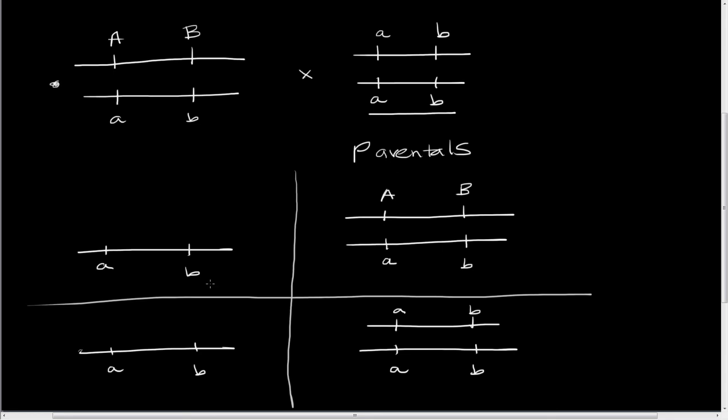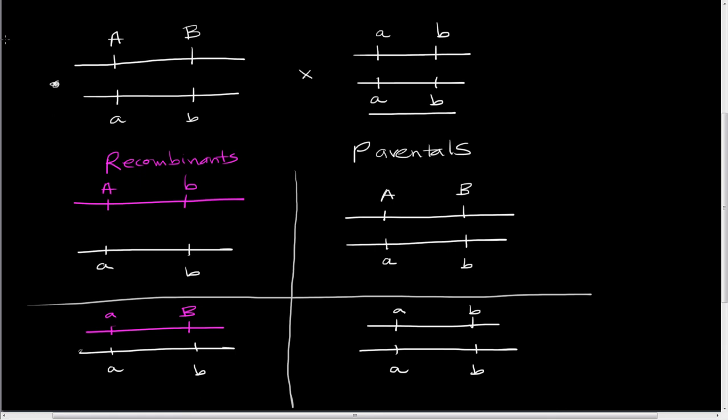They're getting the parental chromosomes. No recombination has occurred. On the other hand, we could also see recombinants. These recombinants are going to be our big A, little b, or our little a, big B.